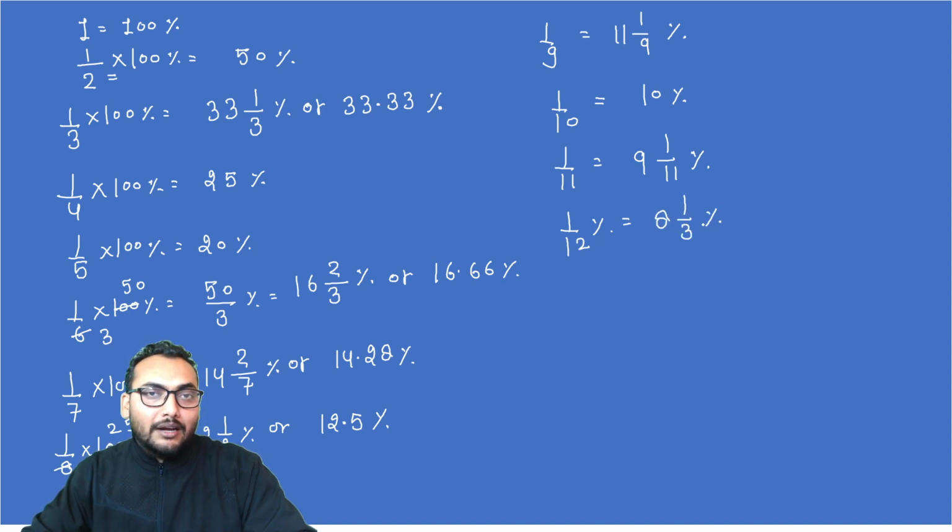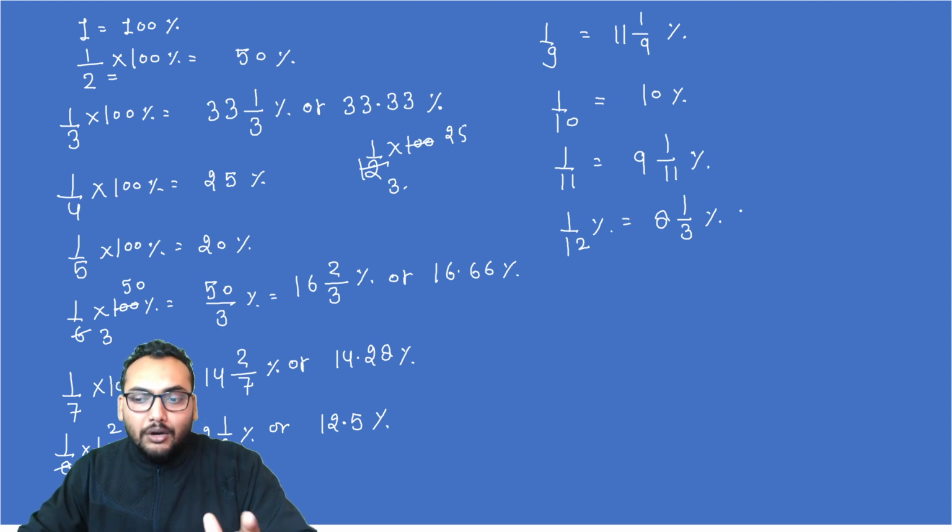Now you must be thinking how I can write 1 by 12 as 8 whole 1 by 3. Because if I multiply 1 by 12 with 100, divide 4 by 4 and 100 by 4 gives 25, so now 3 8s are 24 and 1 will be the remainder. So that is why 8 whole 1 by 3, or you can write it as 8.33 also.